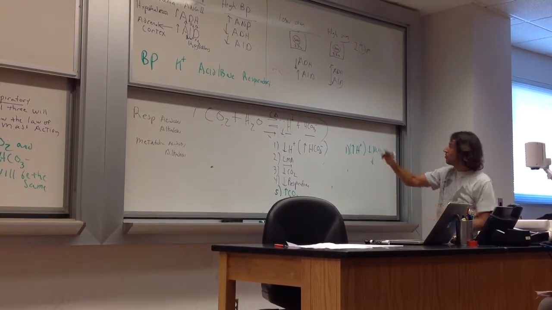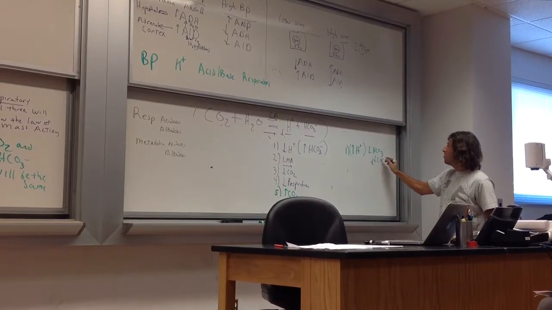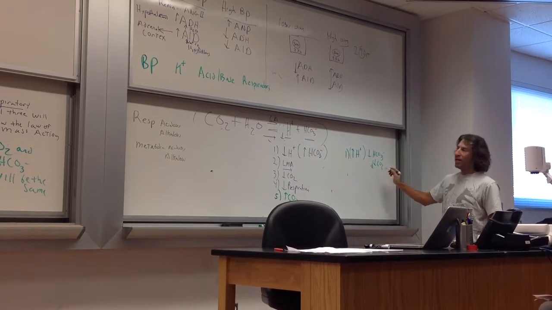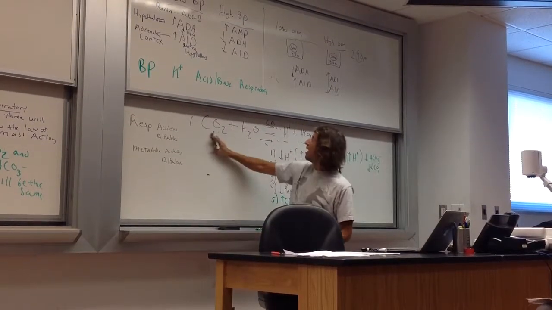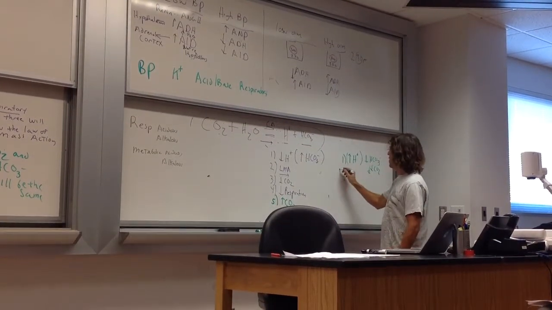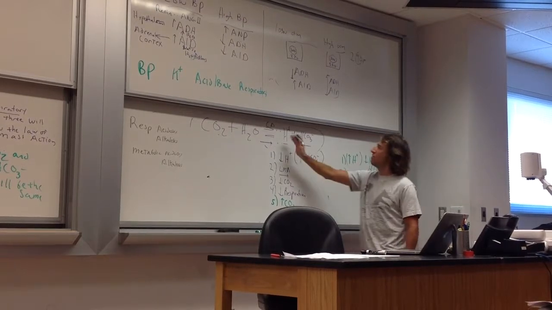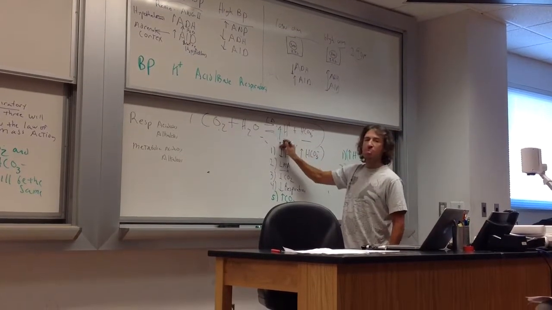Low. Okay, and I'll show you how, but remember, I just said they will always go together. If you want to follow it, high hydrogen means law of mass action goes, if you have a lot of hydrogen, you go this way, right?